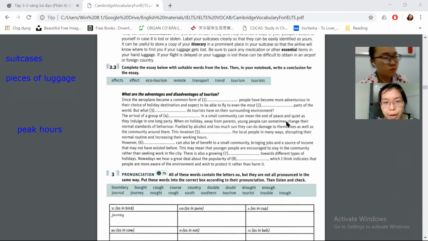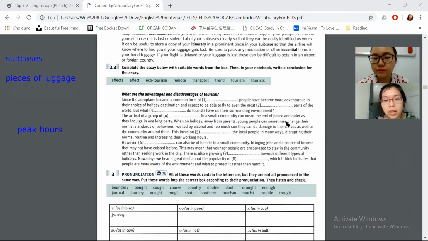This invasion affects the local people in many ways, disrupting their normal routine and increasing their working hours. However, tourism can also be a benefit to a small community, bringing jobs and a source of income that may not have existed before. This may mean that younger people are encouraged to stay in the community rather than seeking work in the city.